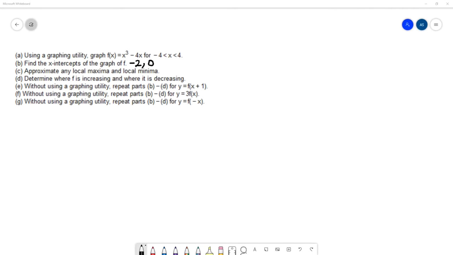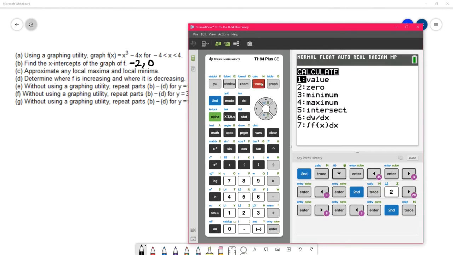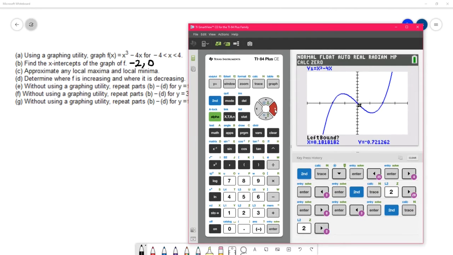So let's do it again for our last x-intercept. We are going to go into that calc menu again, select number 2 for zero, and we want to make sure we hit enter to the left of it, to the right of it, and then guess.